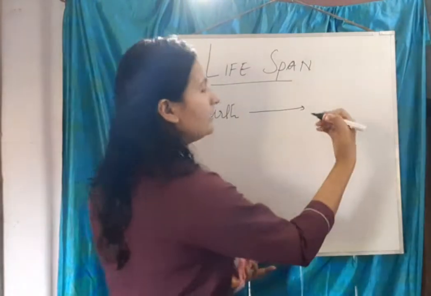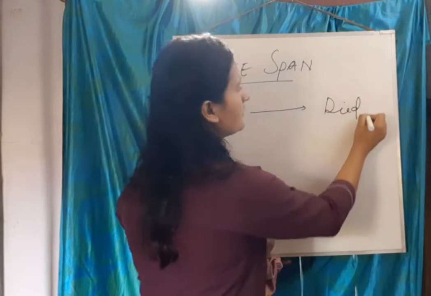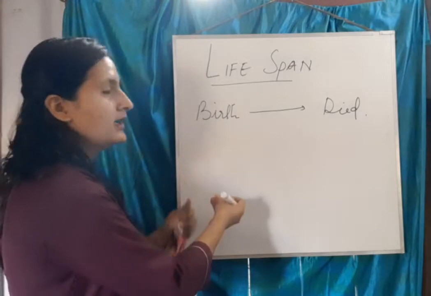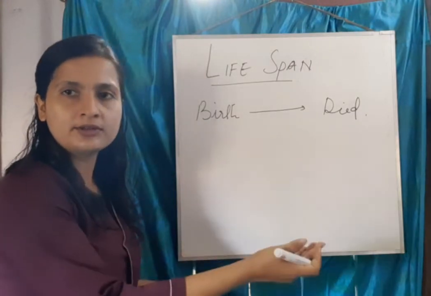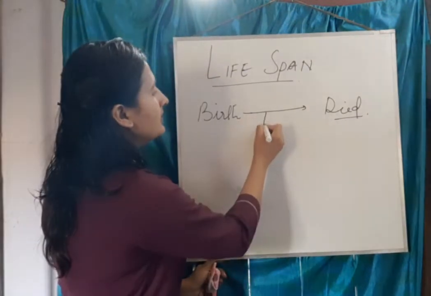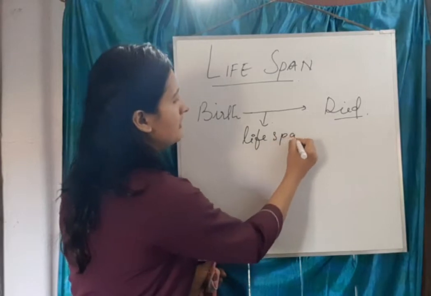And then at one point, what happens? They all die. Isn't it? Living organisms take birth and after a certain period of time, they die. Now this time period is known as your lifespan.